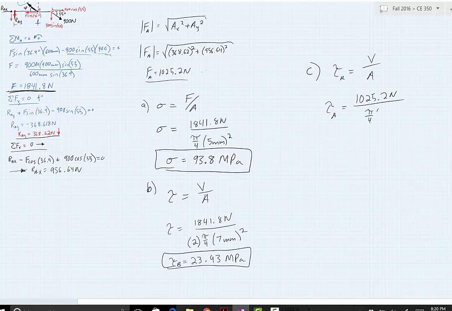So pi over 4 multiplied by 7 millimeters squared. And we do not multiply this by 2 because this pin is in single shear. So I get a shear at A equals 26.64 megapascals.